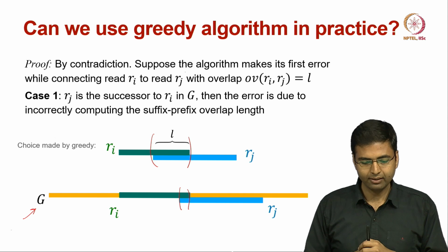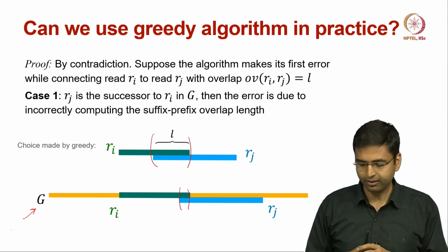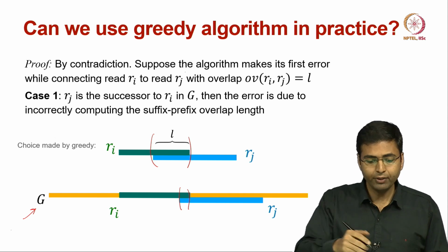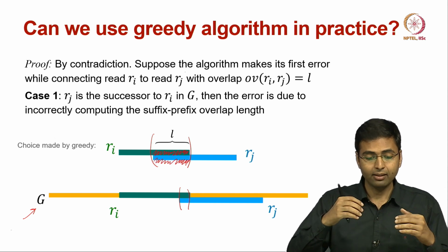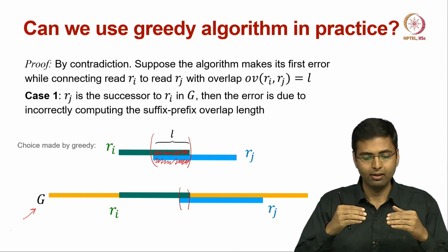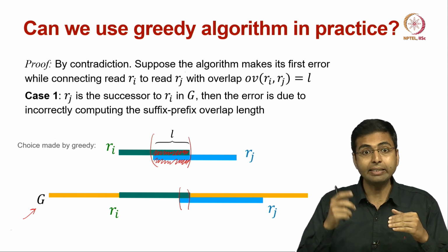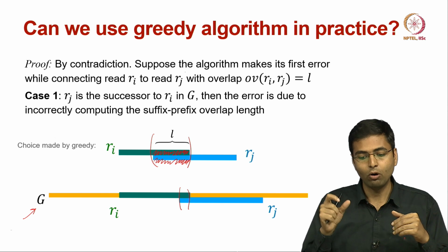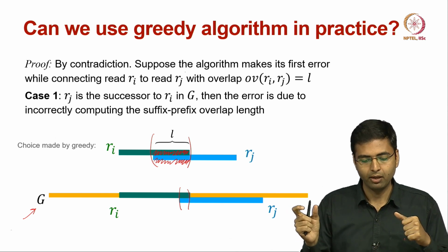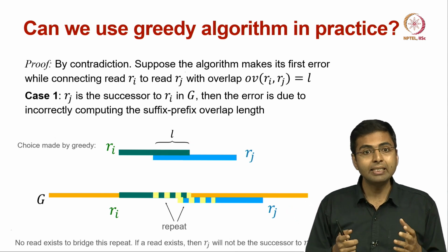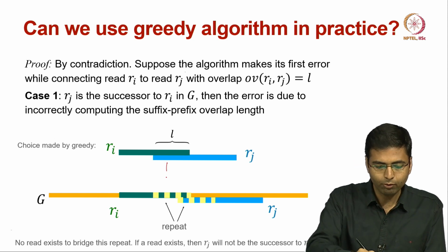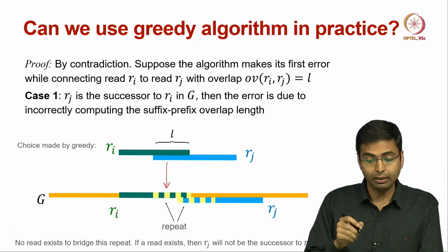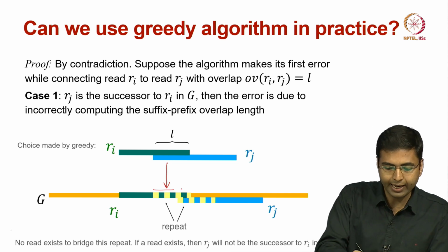Now, in this case, observe that because of this overlap length, we know that a suffix of length L of read Ri matches a prefix of length L of read Rj, which also means that there is a repeat in the genome. So, because of this overlap, what we can infer is that there is a repeat in the genome sequence of length L.